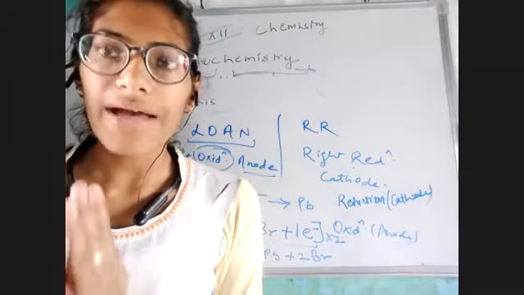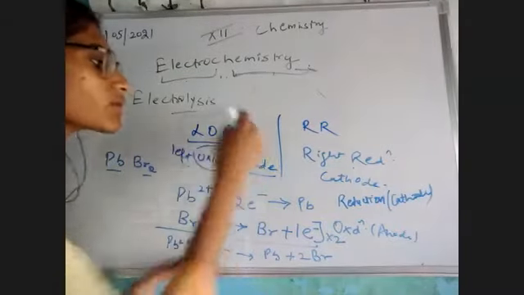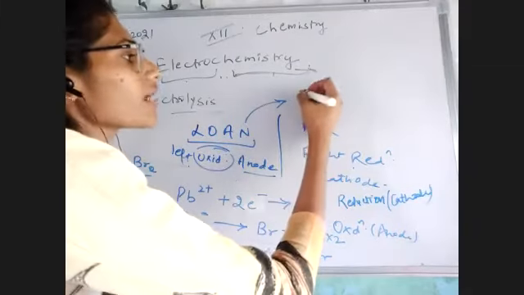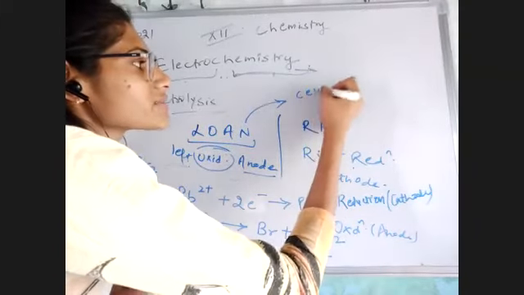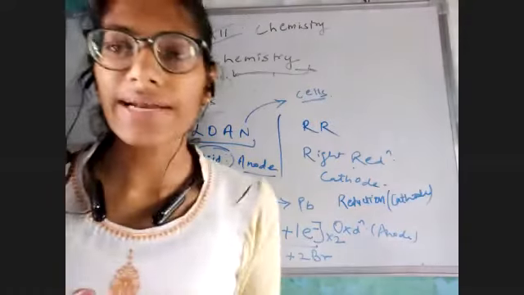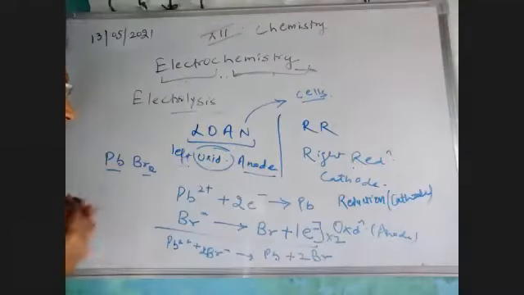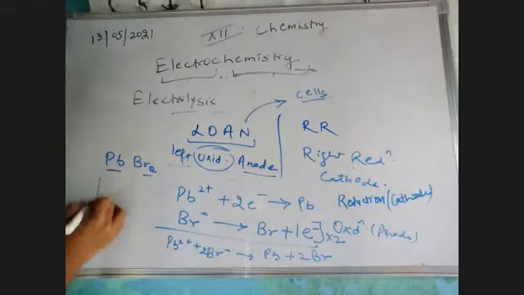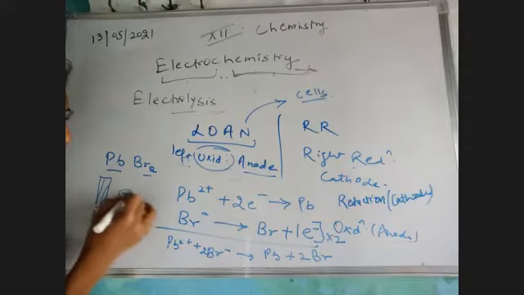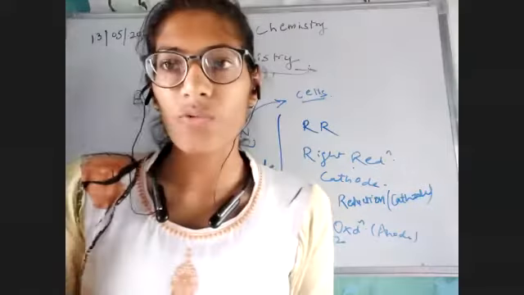This was all I wanted to explain, that you need to remember this particular term, LONE, on the basis of which we will start our different cells. That is left oxidation, anode negative. At the left hand side we place the anode, on which negative ions move and oxidation takes place.